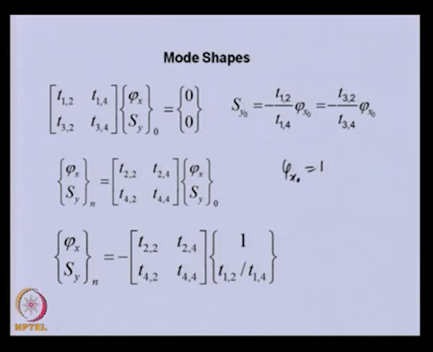I have substituted that as 1 here, and the shear force at the 0 station will then be given by either this or this, because now this is 1. So, we are substituting this here. Now, you can see that the state vector, which is the angular displacement at another disk, and the state vector, that is the shear force at another disk, are known.